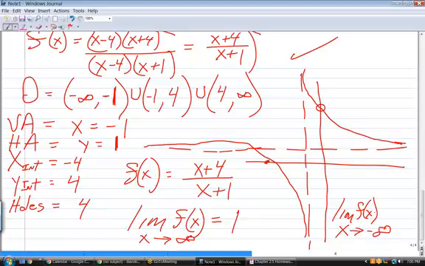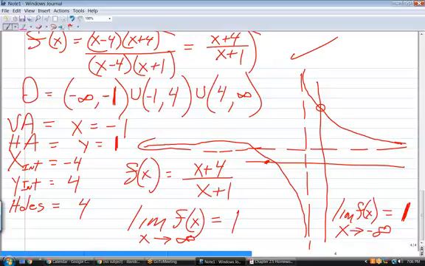And what does it approach as we go to infinity on the left? It would be 1 again. Same thing. In other words, that is the definition of a horizontal asymptote. It's what the function approaches as x goes to either positive infinity or negative infinity. It's always going to be the same.